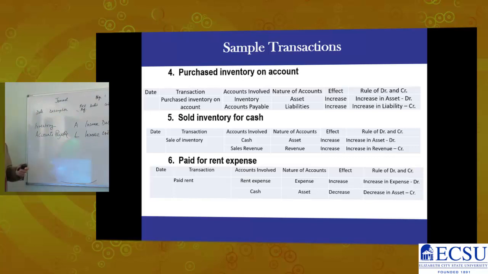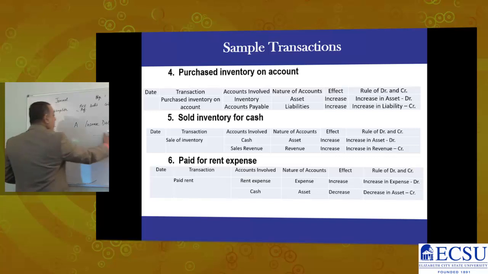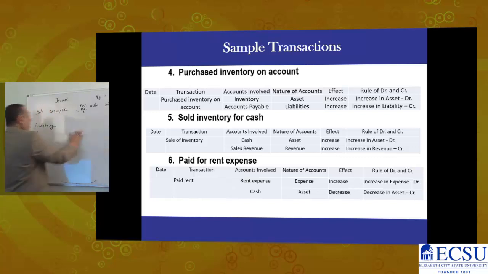Next, sold inventory for cash. Again, the accounts are inventory and cash. Okay, inventory is an asset, cash is also an asset. I'm selling the inventory, therefore the balance is decreasing, right?